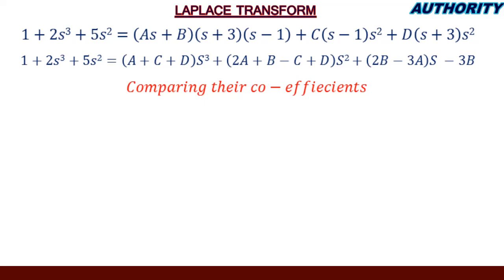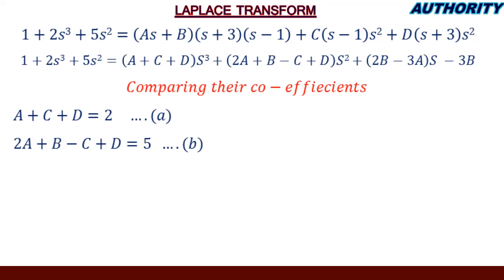Comparing them, the coefficient of s cubed on the right hand side is a plus c plus d, and on the left hand side it is 2. The coefficient of s squared on the right is 2a plus b minus c plus d, equal to 5 on the left. The coefficient of s on the right, 2b minus 3a, is equal to 0 because there is no s in the left hand side.